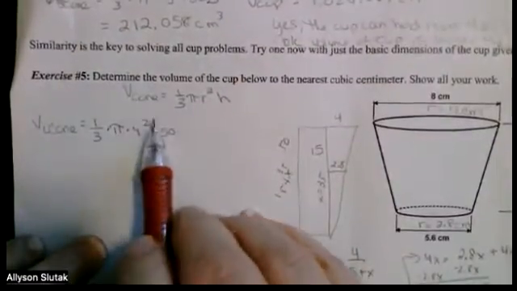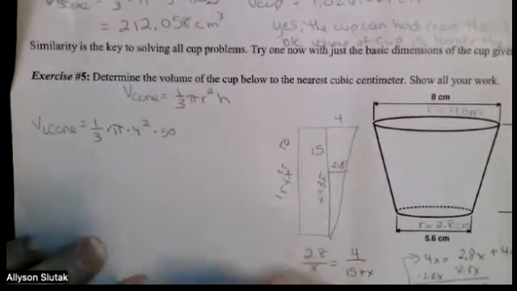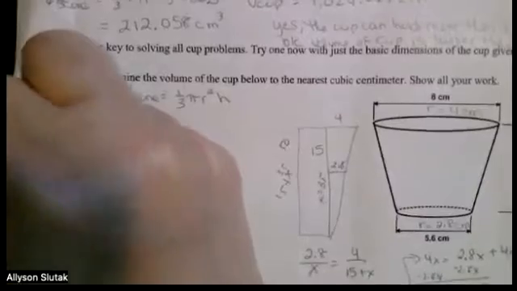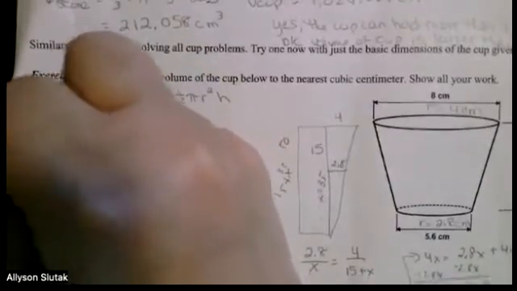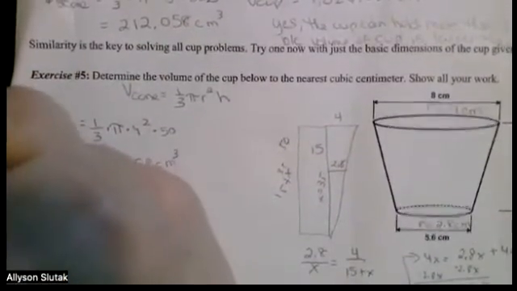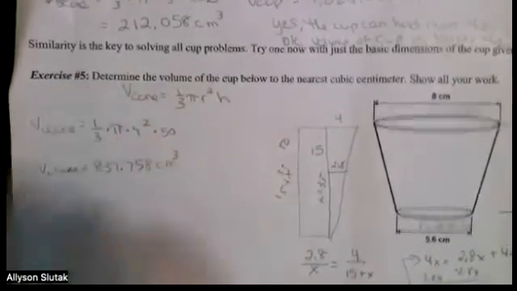So we're going to do 4 squared times 50 times pi. Take that whole number and divide by 3. So the volume of the large cone is equal to 837.758 centimeters cubed.